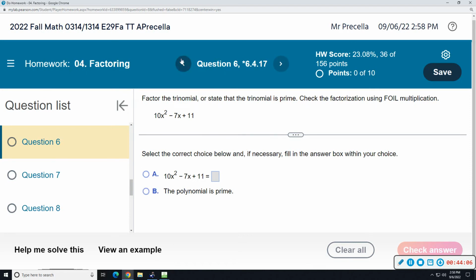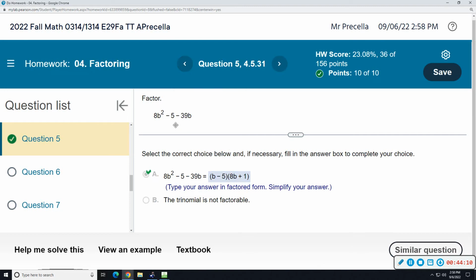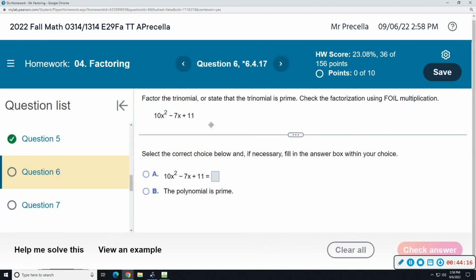Right, the one we just finished. Here we had to rewrite it because the constant was last, but here the constant's already last. X squared, X, constant. So I'll draw my 2 sets of parentheses.